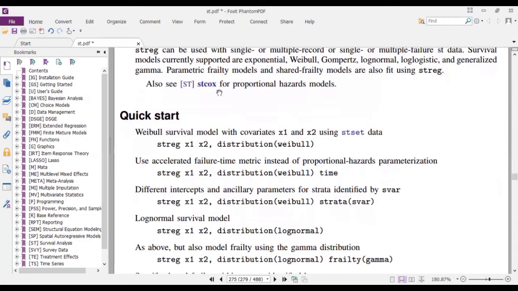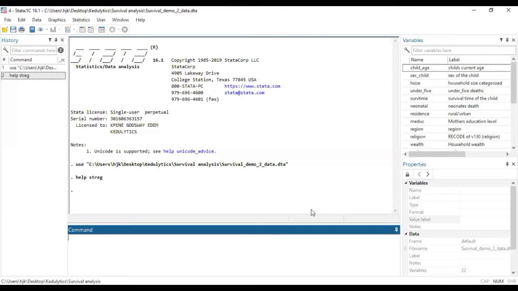But for now, we are just going to demonstrate using the Weibull distribution and the exponential distribution. And we established that for the Weibull distribution, we want to see whether the hazard ratio is variable or constant. When it's constant over time, then you want to settle for the exponential distribution.